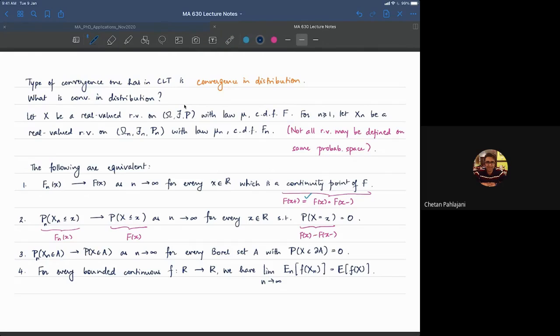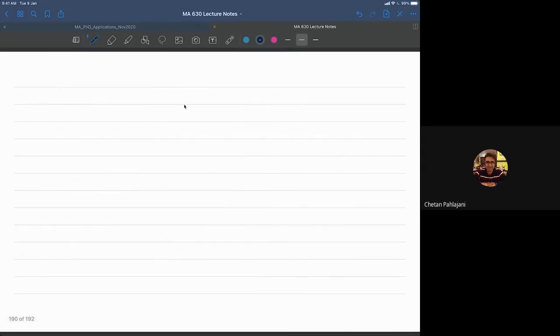So, if any of these things hold, then that is by definition xn converges to x in distribution.